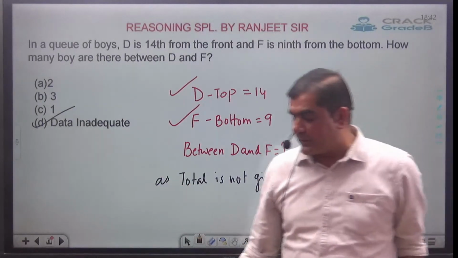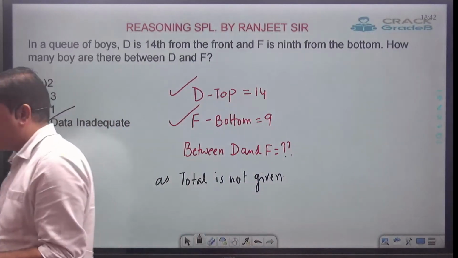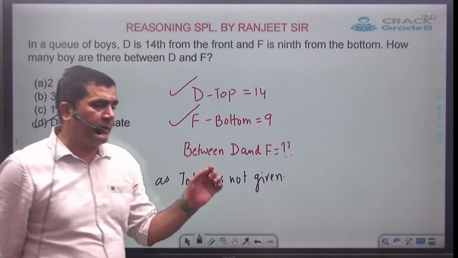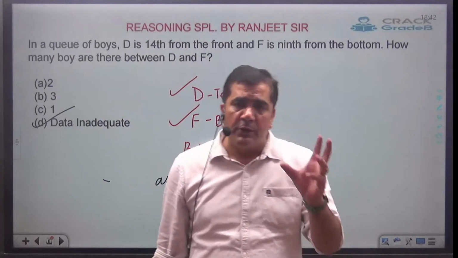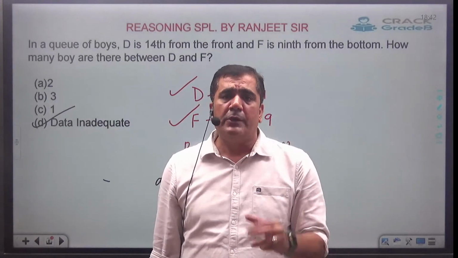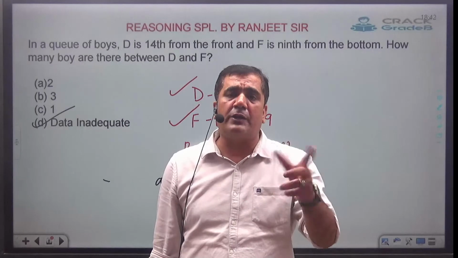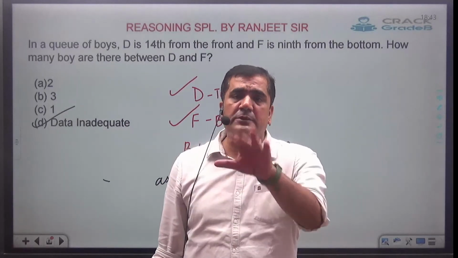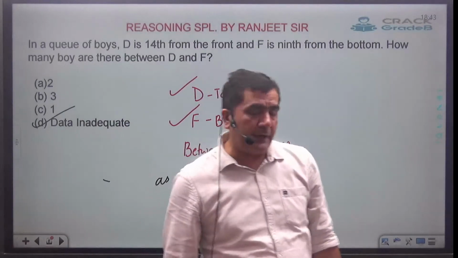Whenever the person's position is given from the opposite side, then in order to find out whether case 1 is possible or case 2 is possible, the total must be given in the problem. Total will tell whether case 1 is possible or case 2 is possible. Since here the total is not given, the answer should be data inadequate.